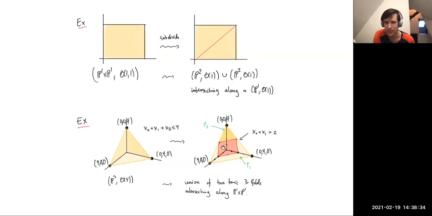This corresponds to the degeneration of P3 into a union of two toric threefolds, which intersect along this surface here. Our main application will in fact use this very degeneration. We're not interested in P3, but doing this in P6 will give us the main example.